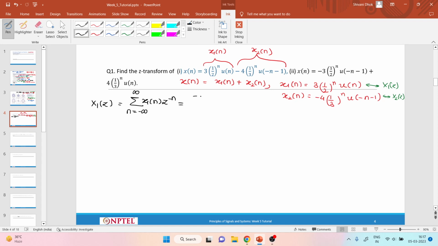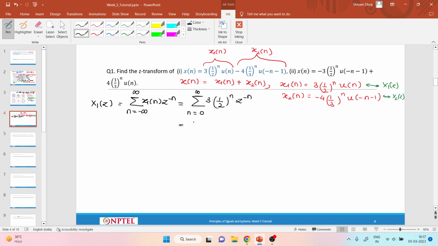This is equal to summation n running from, since this is multiplied by u of n, so I can start this from 0 to infinity 3 into 1 by 2 power n. We have used the definition of u of n by changing the limits from 0 to infinity, so we can just drop it, multiplied by z power minus n.